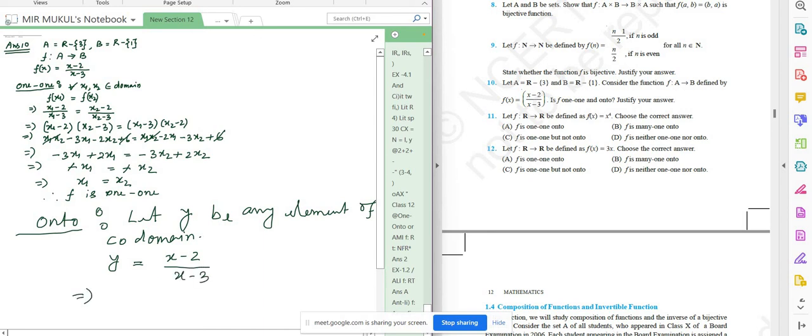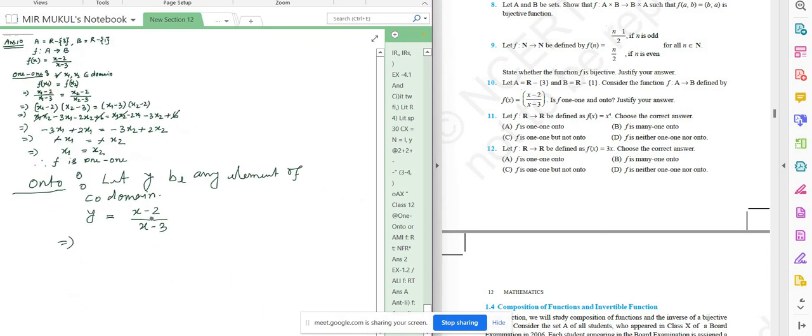Then cross multiply. If we cross multiply, then we get xy minus 3y equals x minus 2. So xy minus x equals 3y minus 2.